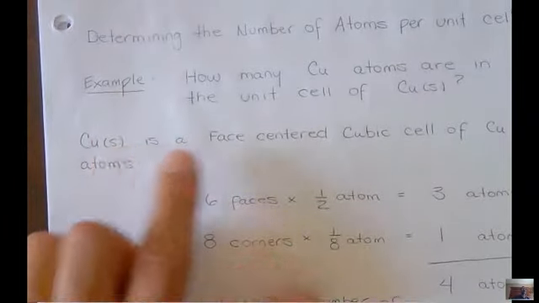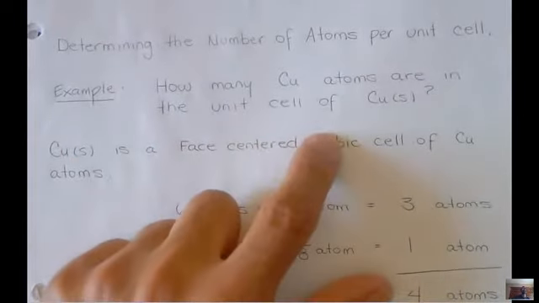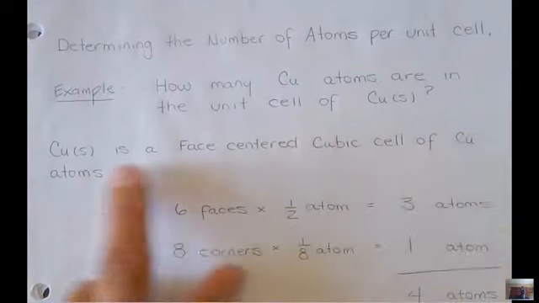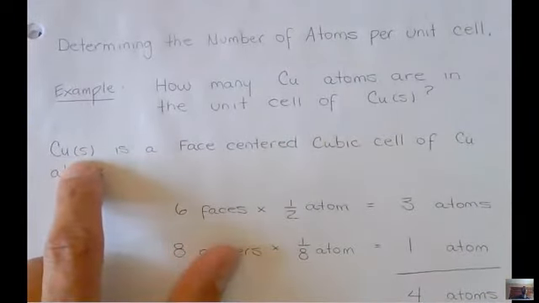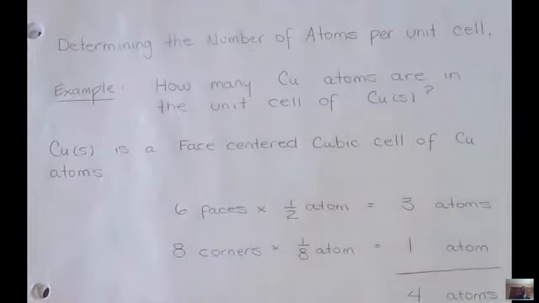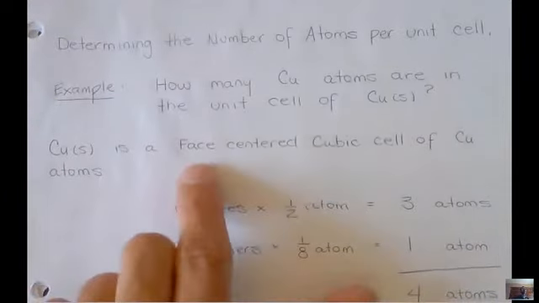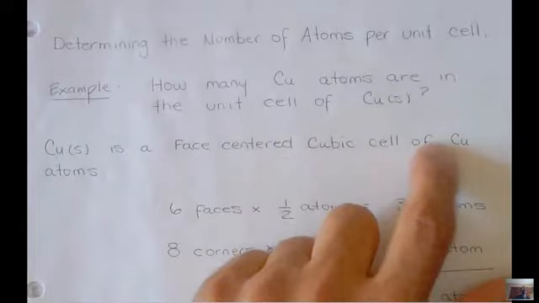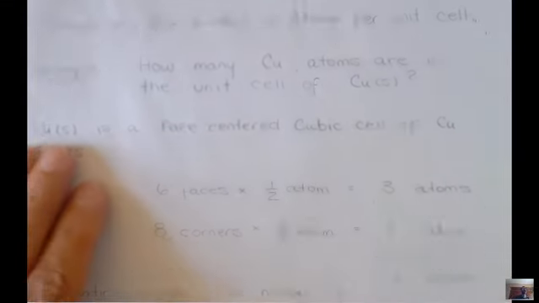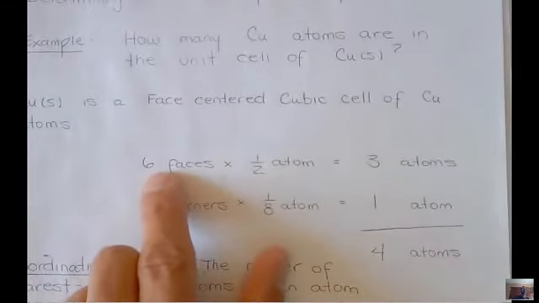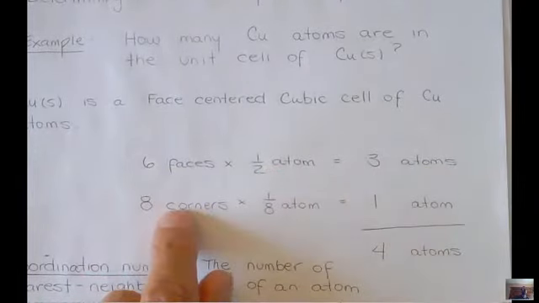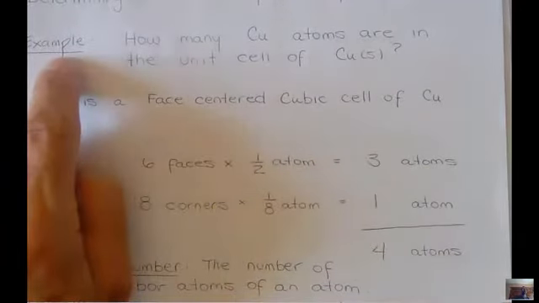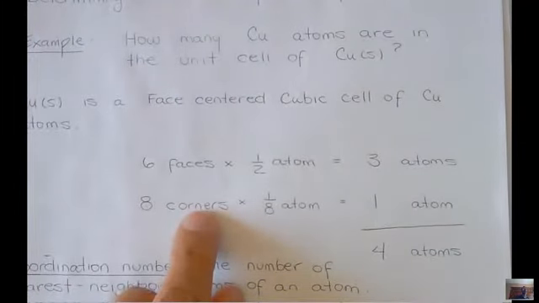Copper, solid, is a face-centered cubic lattice of copper atoms. And since it's a pure element, that's all there is. There's nothing else in there. There's no counter-ion. There's not another thing in there. It's just a face-centered cubic unit cell. And we just learned that if you're face-centered, you've got 6 faces times 1/2 gives you 3 atoms. And in a cubic system, you always put the same atoms that you're describing in the corners.